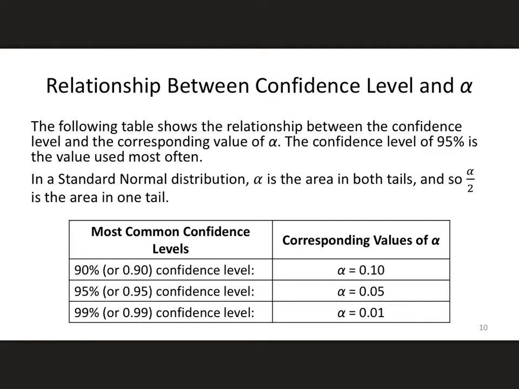So what we're saying is when you're looking at that 90% confidence level, we're looking at a standard normal curve, so that alpha of 0.1 is actually both of these areas. So that represents alpha. So to get one tail, you would have to divide by 2.